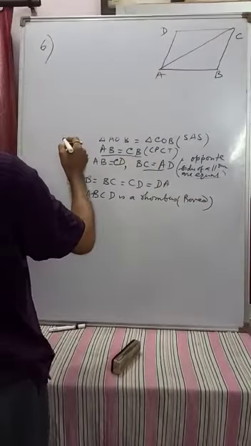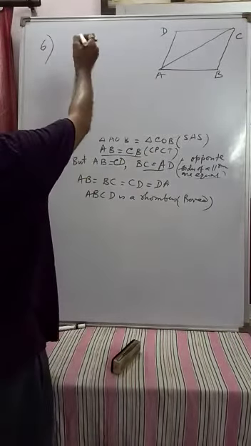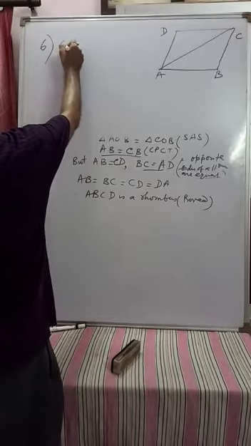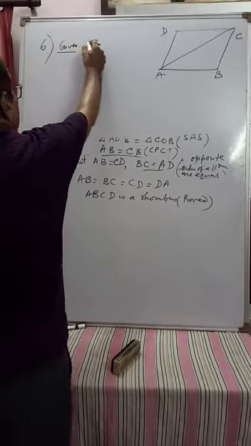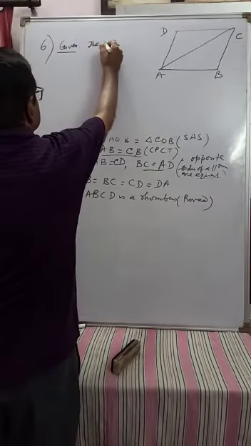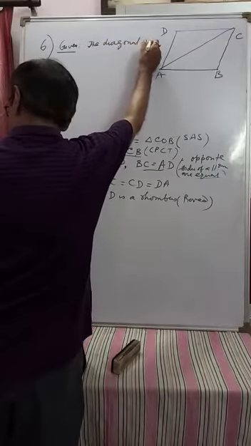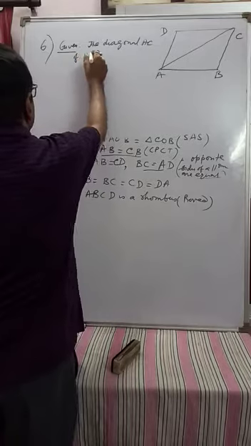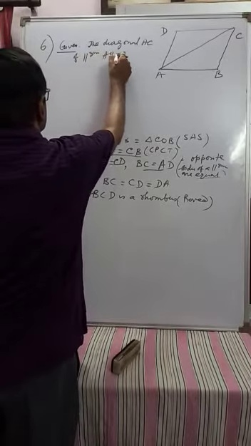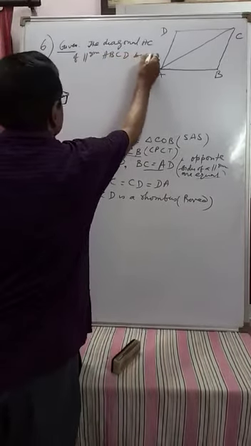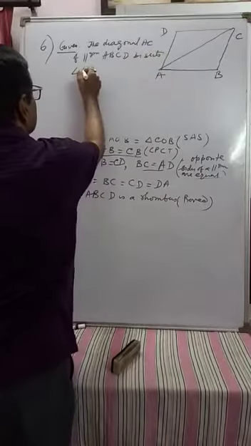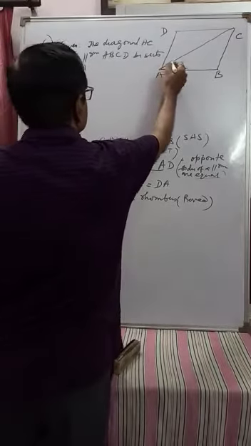And what is given? The diagonal AC of parallelogram ABCD bisects angle A. It is given, that means these two angles are equal.